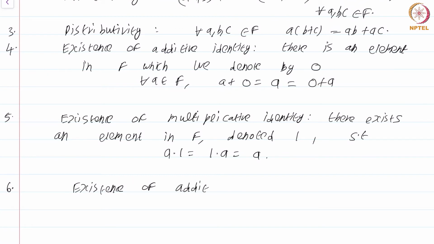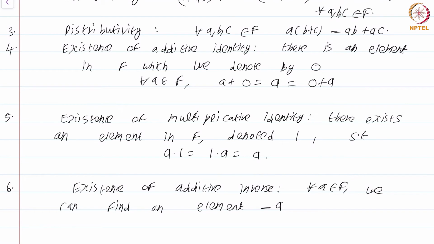Additive inverse. For all A in F, we can find an element which, again for psychological reasons, we denote as minus A. This looks more like underscore A. This is not C programming, so I will write it as minus A, such that A plus minus A is equal to 0.